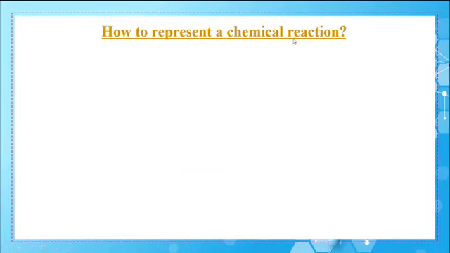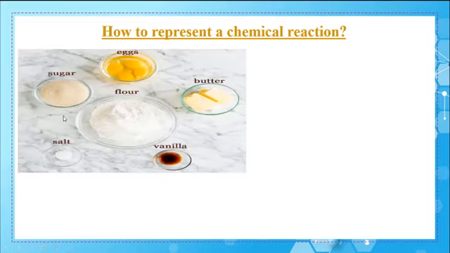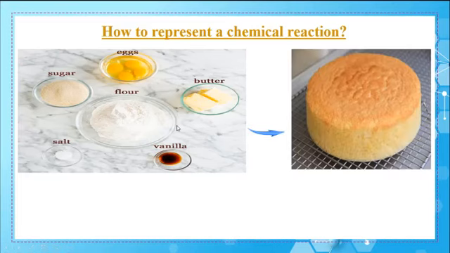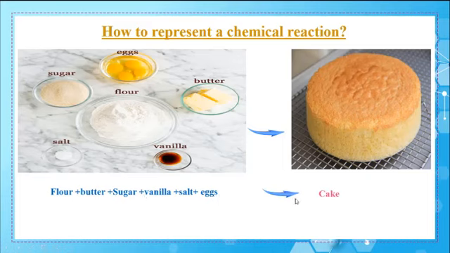How to represent a chemical reaction? Let's observe this figure here. I have egg, sugar, salt, vanilla, butter, flour. Upon mixing together, what do we get? Yes, when we mix these substances, cake. Nice. We'll obtain some cake. Then flour plus butter plus sugar plus vanilla plus salt plus egg to give cake at the end.